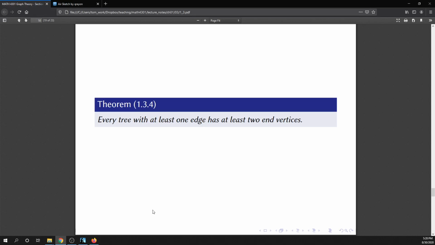The ends have to be degree 1, because if not, then you could make the path longer, but it's the longest path. Or the other thing is that you would make a cycle in there, and a tree can't have any cycles. So we basically already proved this one twice, in the proof of 1.3.1 and 1.3.3.